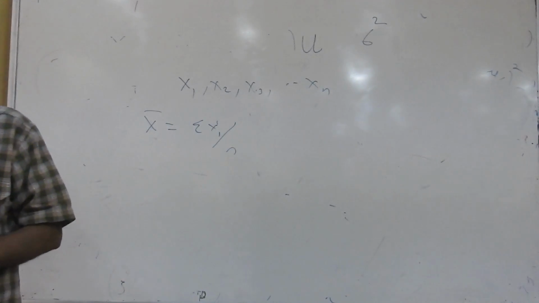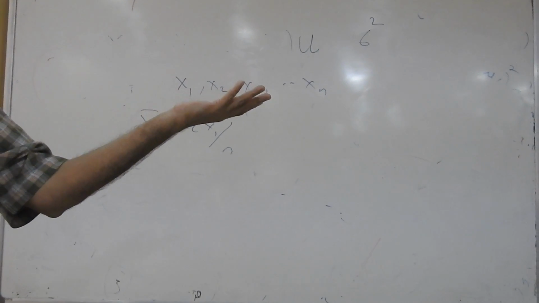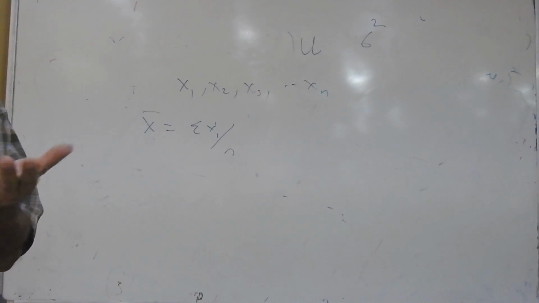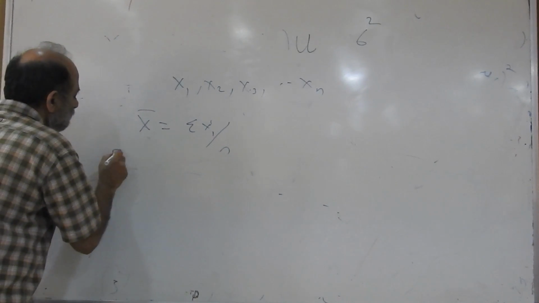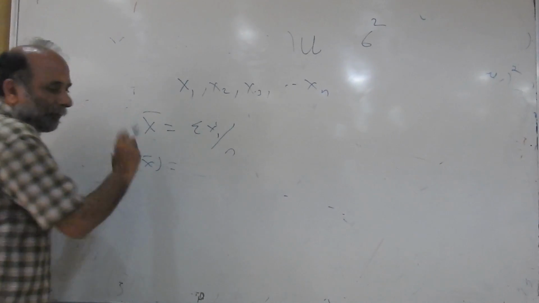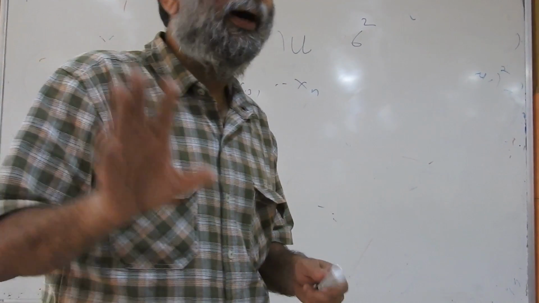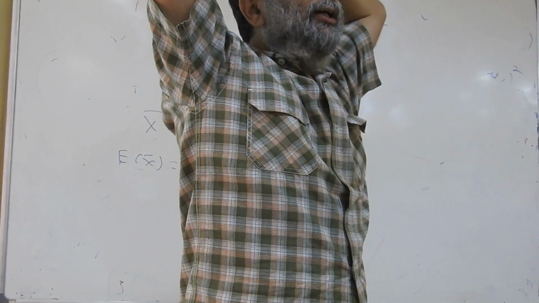Now x bar will be a random variable because I can pick another sample of size n, another n numbers, and I'll get another x bar. You've seen that picture, no? So I want to now find the expectation of x bar, that is the mean of x bar. I know that x bar will be normally distributed. How do I know x bar will be normally distributed?